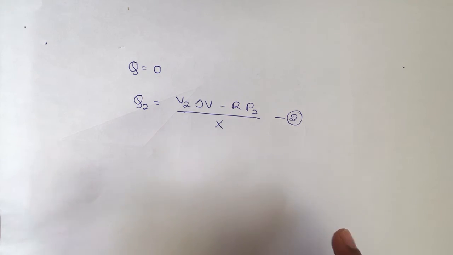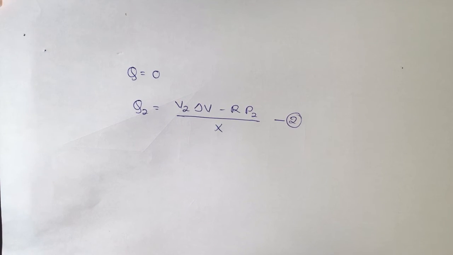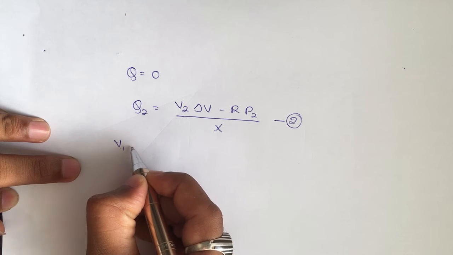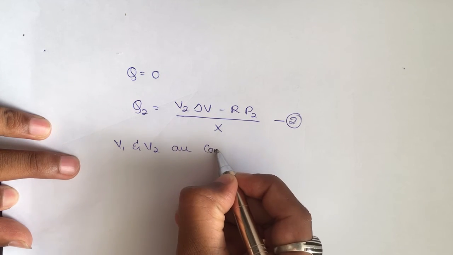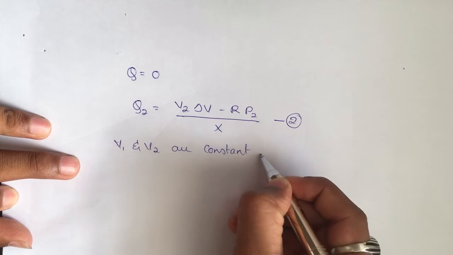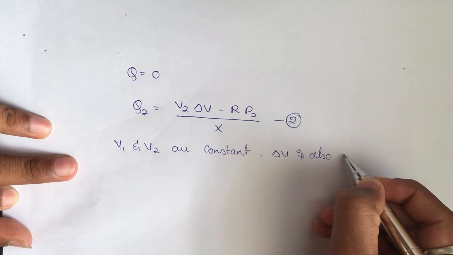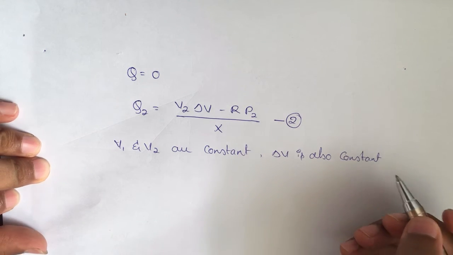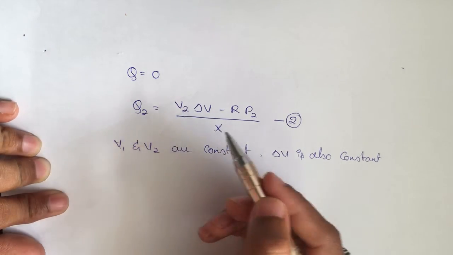And if we keep the voltages V1 and V2 constant, the change in voltage remains constant, which means delta V is also constant, which means this whole component remains constant.